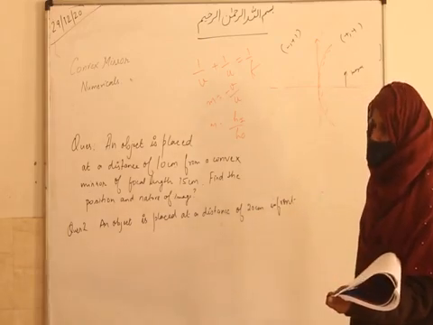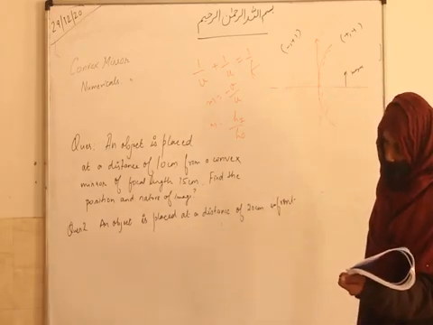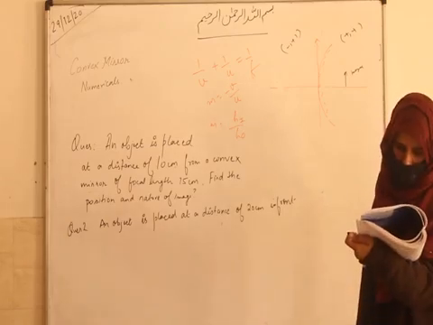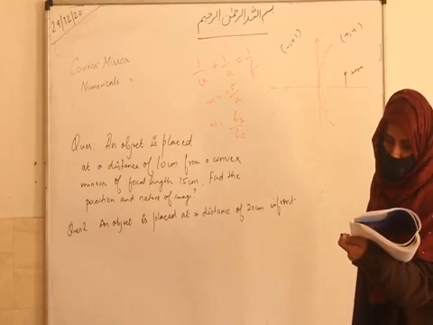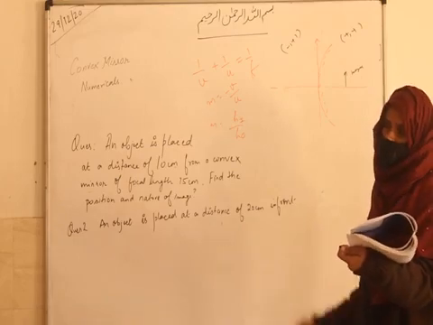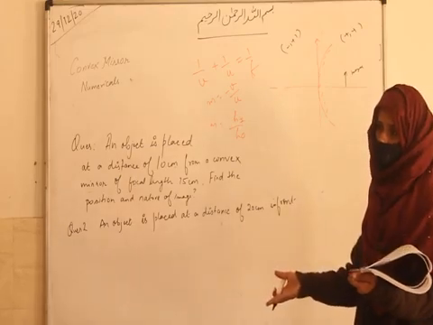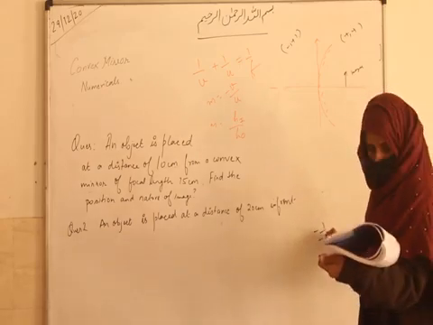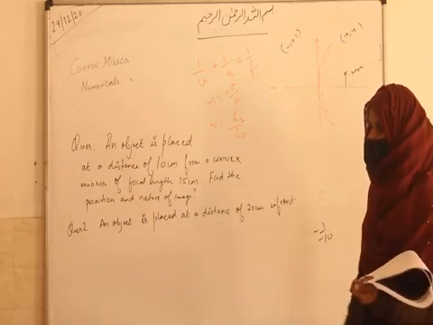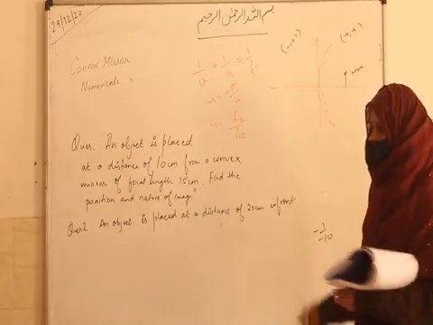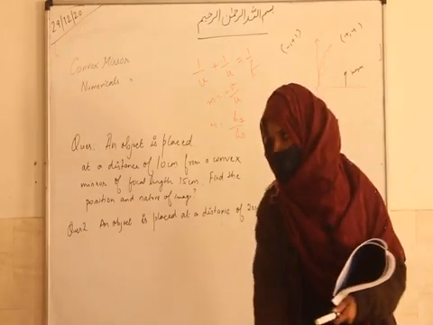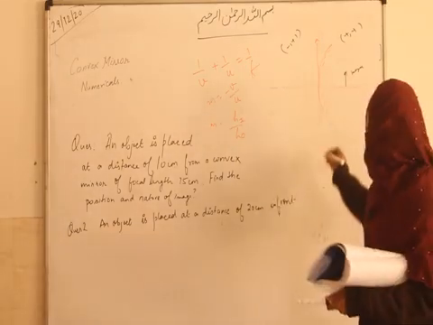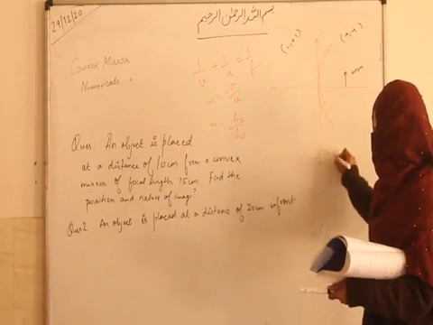1 upon v plus 1 upon minus 10 is equal to 1 by positive 15. So 1 by v is equal to, by using the transposing method, 1 upon minus 10 will go to the other side. So it will be minus, so it becomes plus. Look here.